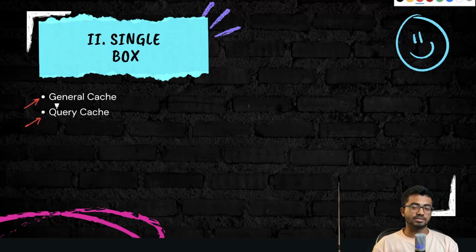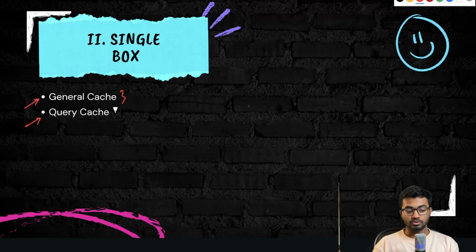The general cache is a normal cache which each developer might use to store different configurations. Or if they have a machine learning model and want to store some value and reuse it at computation time, they can store it in the general cache. So the general cache was used for this purpose, and they wanted to leverage Memcache for this exact use case.